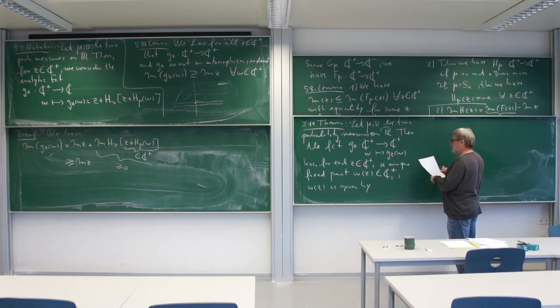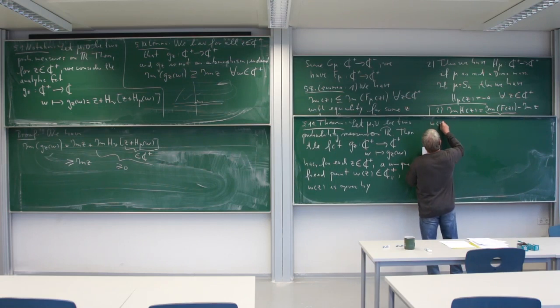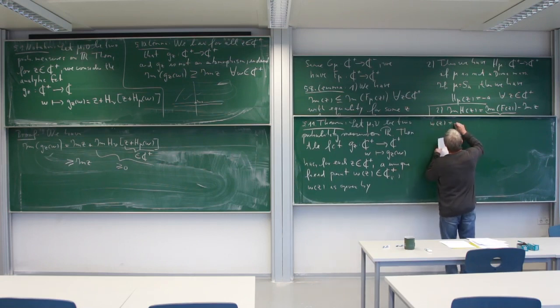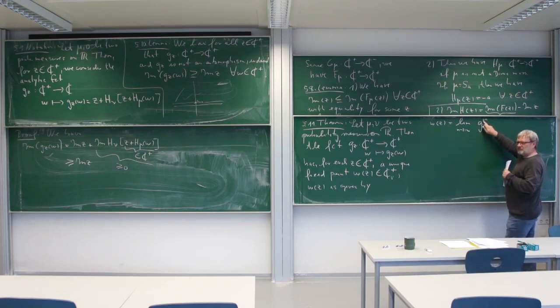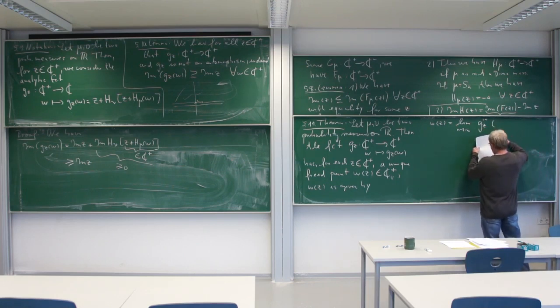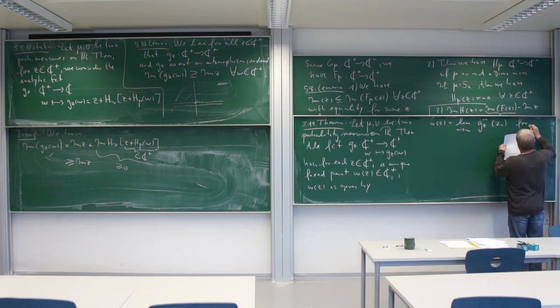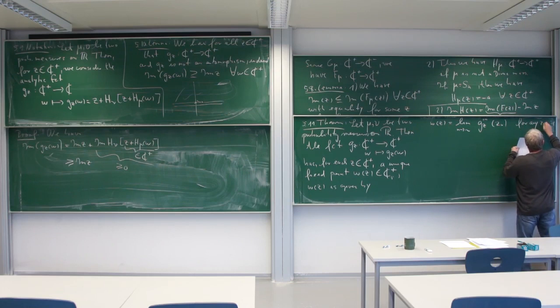Okay, and so omega of z is given by the limit, n going to infinity, of g_z iterated n times. So I take the composition of this function with itself n times, and I do this at some argument w_0, which I can choose arbitrarily, any w_0, of course, in the upper half plane.